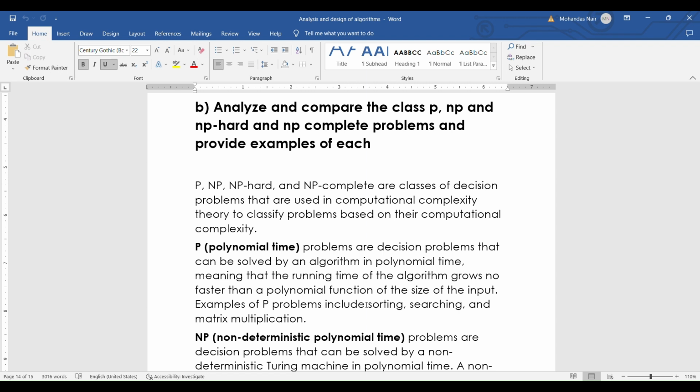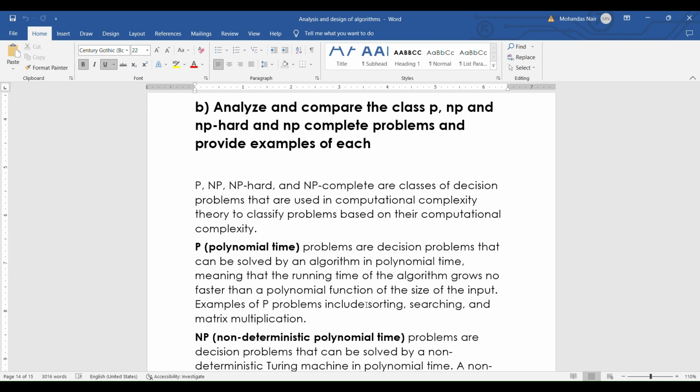First is P, polynomial time problems. These are decision problems that can be solved by an algorithm in polynomial time, meaning that the running time of the algorithm grows no faster than a polynomial function of the size of the input. Examples of P problems include sorting, searching, and matrix multiplication.